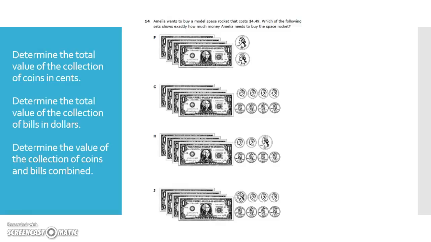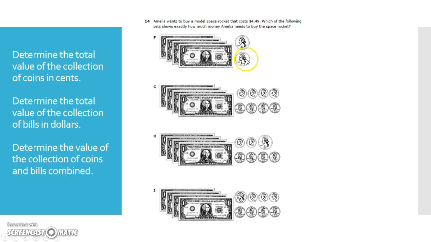When I'm looking at money, I know that I'm trying to find what set here has the same value as $4.49. I can first determine the collection of the coins in cents, and then I can determine the collection of bills in dollars. And then I can combine those to determine the value of both the collection of coins and bills combined. So if I know I'm looking for $4.49, I can look at F first.